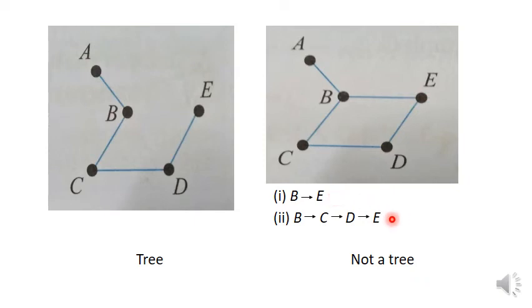Okay, second, vertex B and vertex E can also be joined by using one more way.